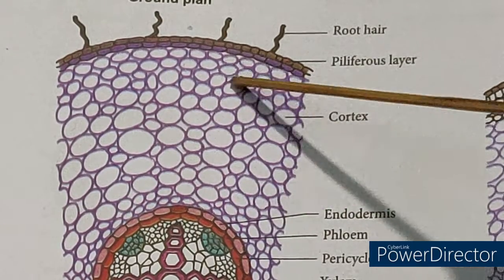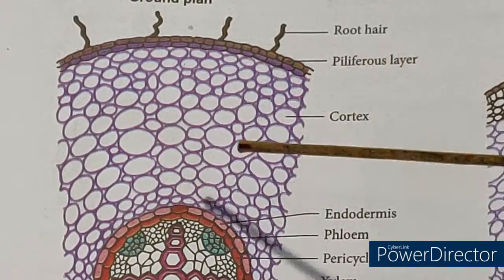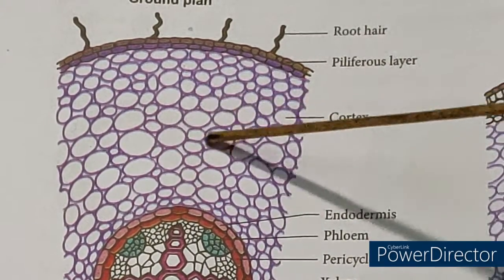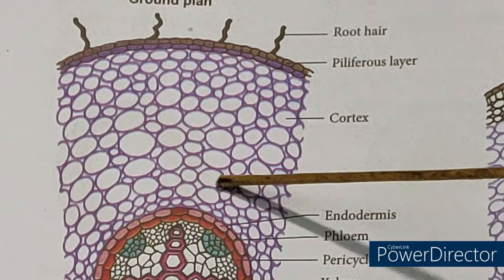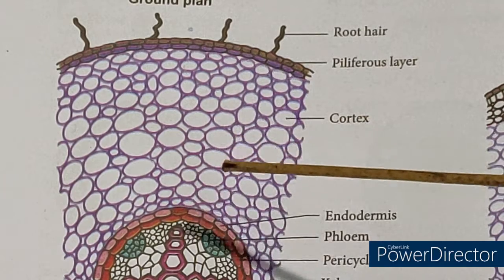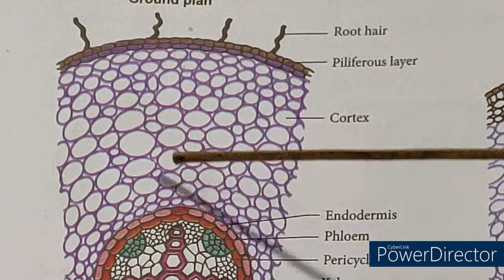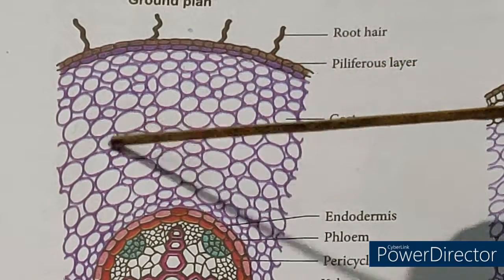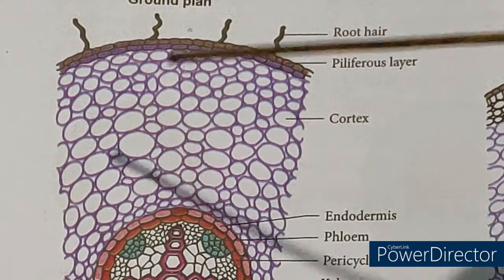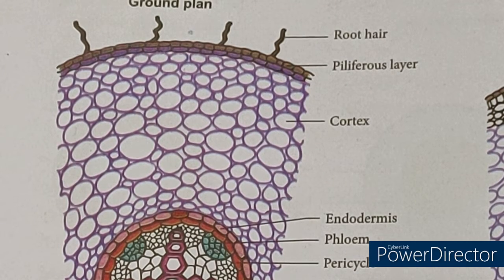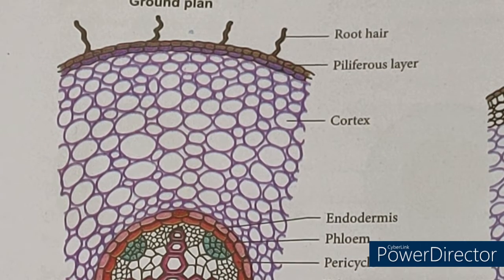One, it is multi-layered, so there are many layers of cells. It is a 2D diagram, so you cannot see that, but if you look into 3D, if you cut a root, you can understand the cells are placed in several layers, one above the other. And this is the largest zone. The third point is that each cell is a thin walled parenchymatous cell. We have learned before collenchyma, parenchyma, sclerenchyma.